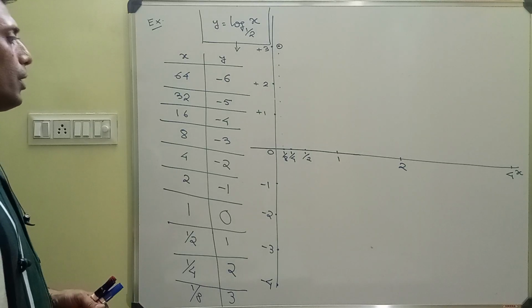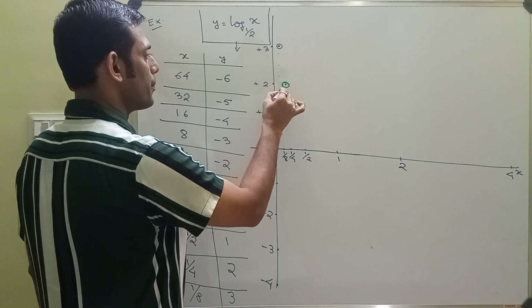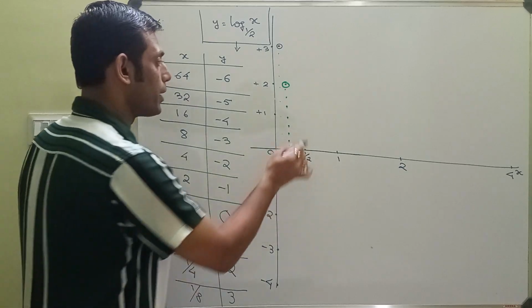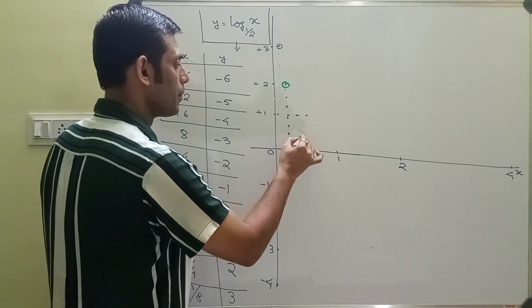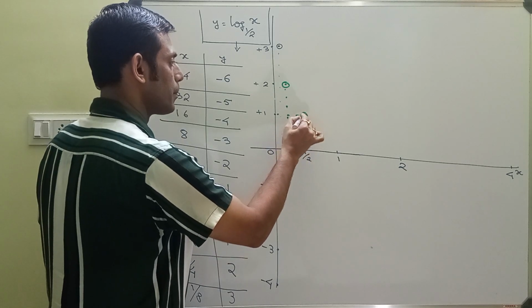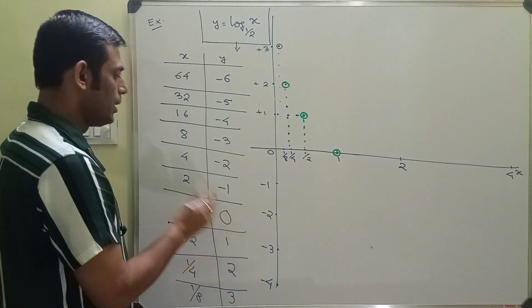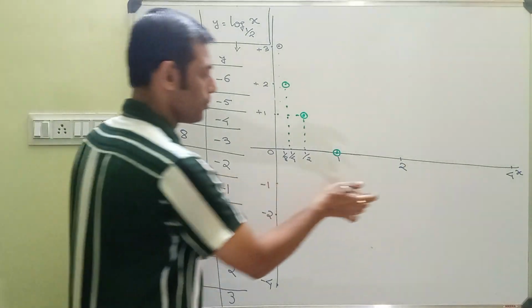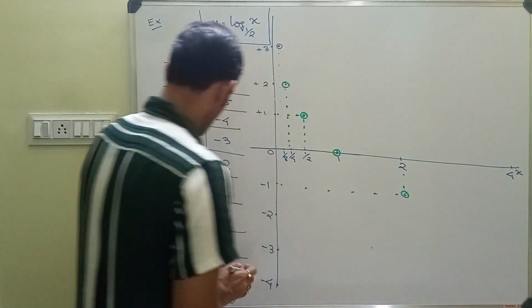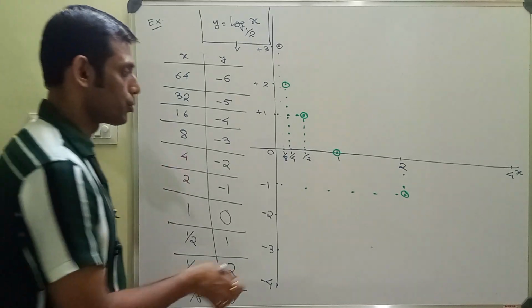Now let's try to plot. At x equal to 1/4, I should be at 2 here. At x equal to half, I should be at 1. And at x equal to 1, I should be at y equal to 0. Then at x equal to 2, I should be at y equal to minus 1. At x equal to 4, I should be at minus 2.